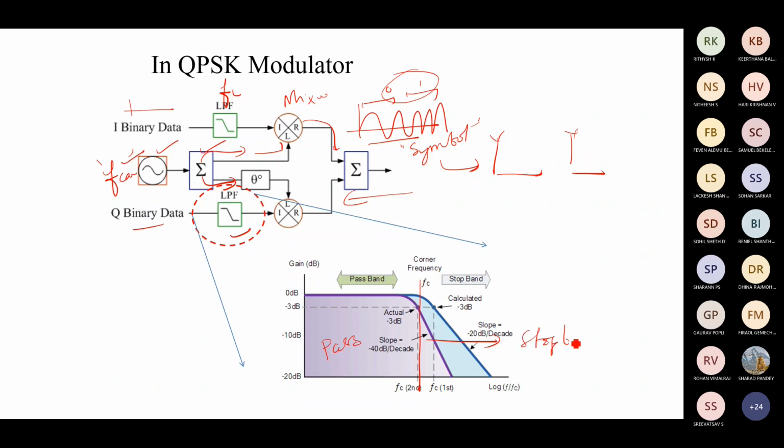That is why it is called the stop band. These are defined by means of a cutoff frequency calculated with respect to the gain of the low pass filter. The gain is calculated for the input voltage, what is the output voltage over frequency. So this ratio, V out by V in, is nothing but the gain. And when you draw the 3 dB point, you will get the cutoff frequency.